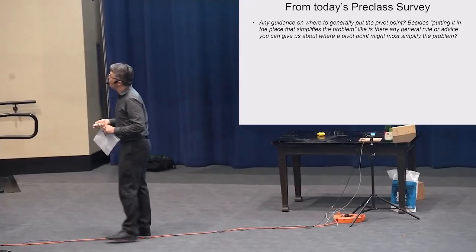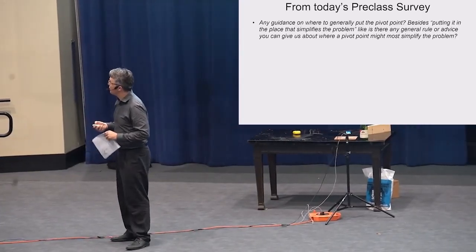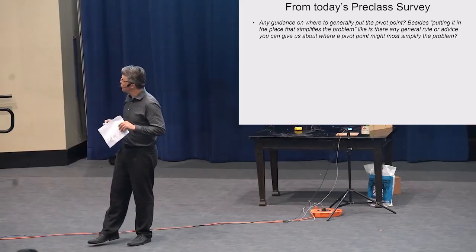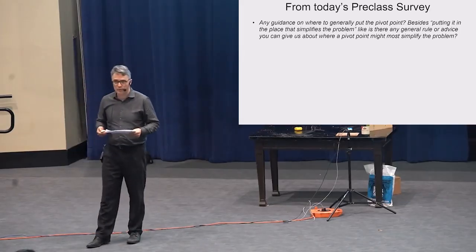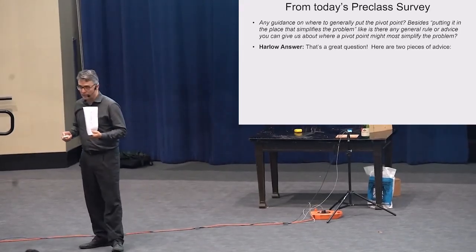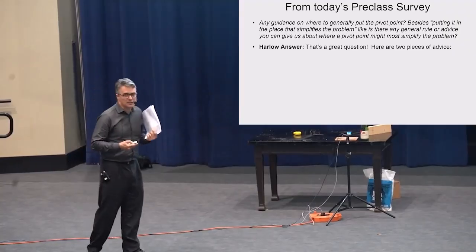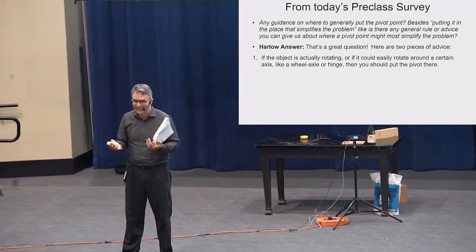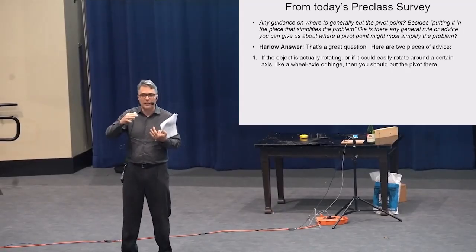Any guidance on where to generally put the pivot point? Besides putting it in the place that simplifies the problem, is there any general rule or advice about where to put the pivot point? So I do have some comments. First, sometimes, especially when you get to chapter 10, the object's actually rotating, like a door on a hinge.